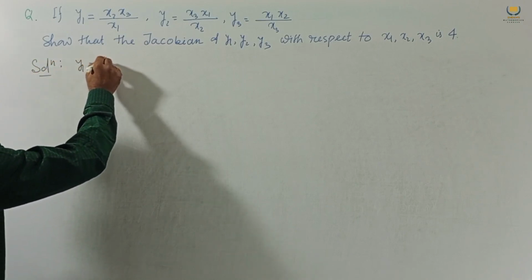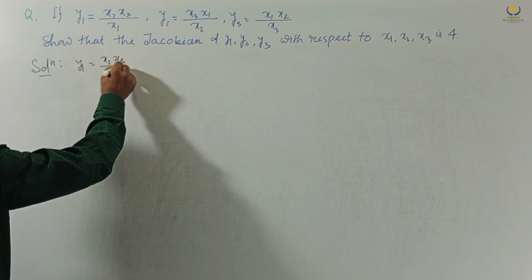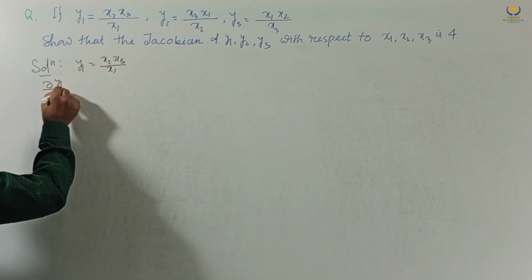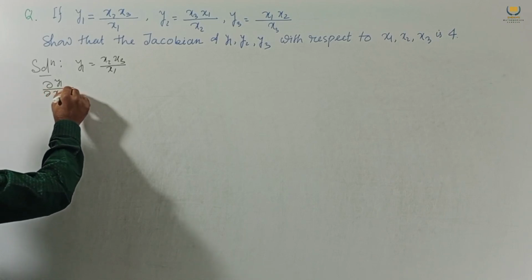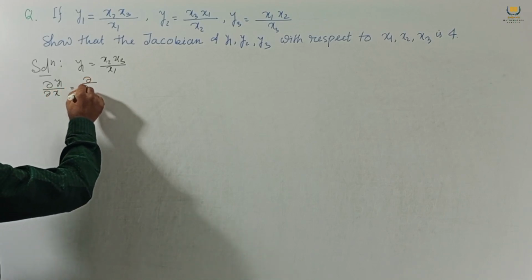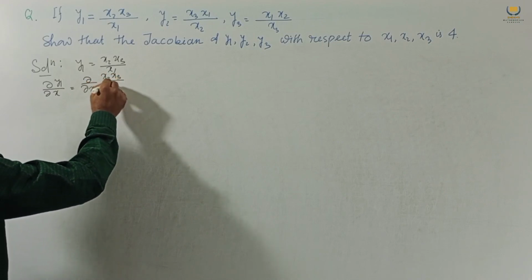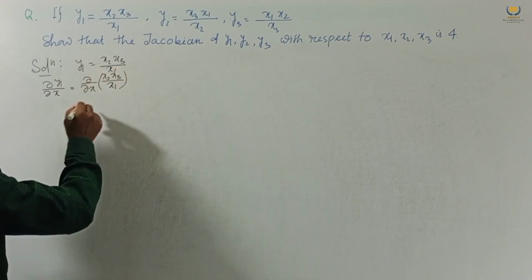y1 equals x2 x3 by x1, given. First we find del y1 by del x1. This is del by del x1 of x2 x3 by x1.